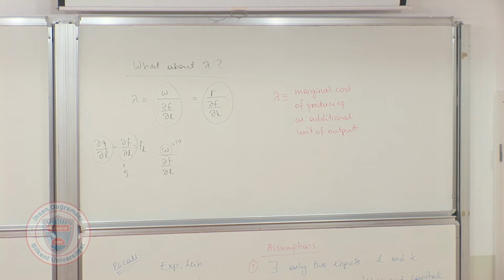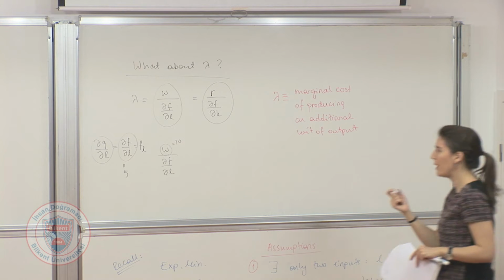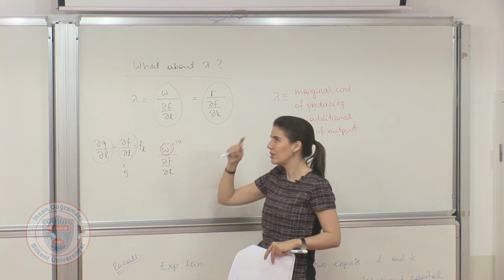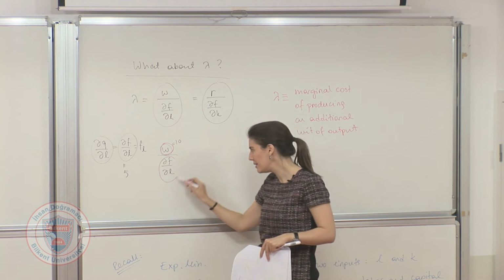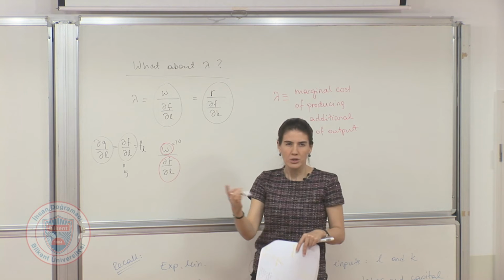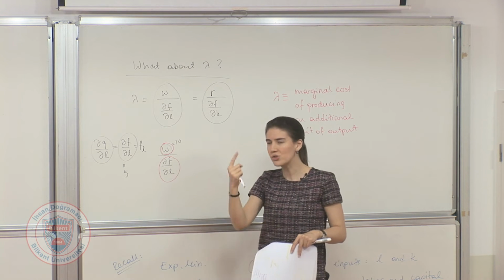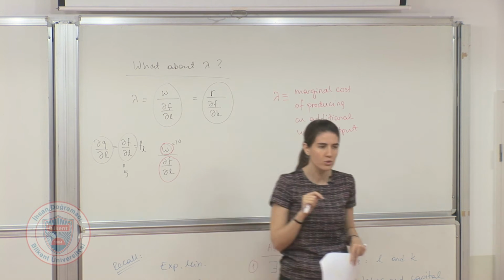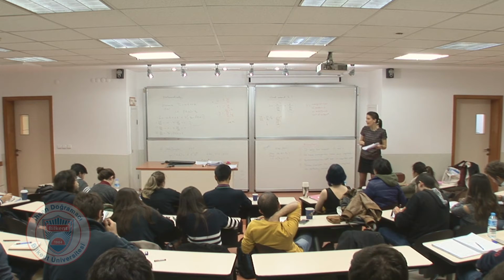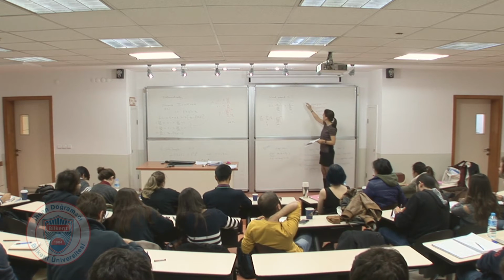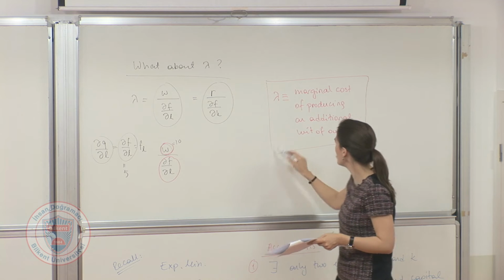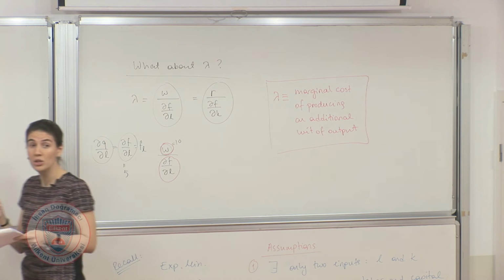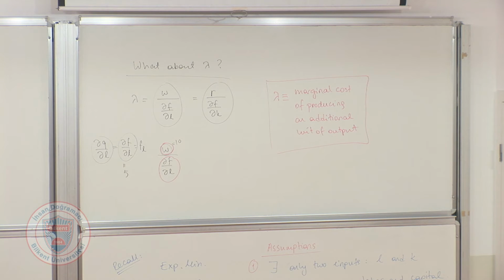If I have one more labor, I pay him the wage. That one more labor brings me this much extra output. So for 1 unit of extra output, I'm paying this much. This is how you can interpret lambda: the marginal cost of producing an additional unit of output.